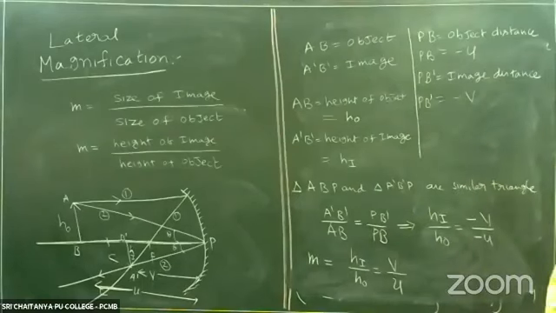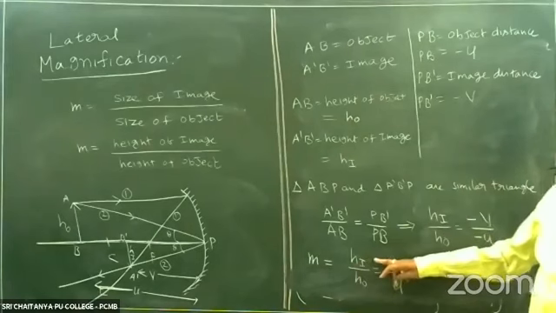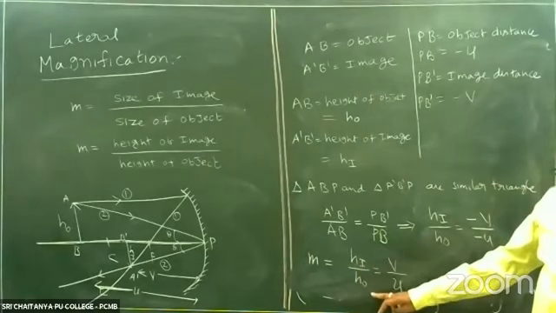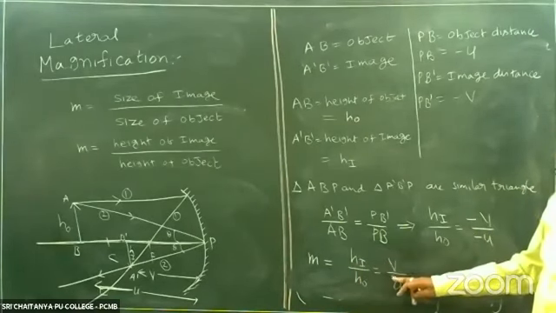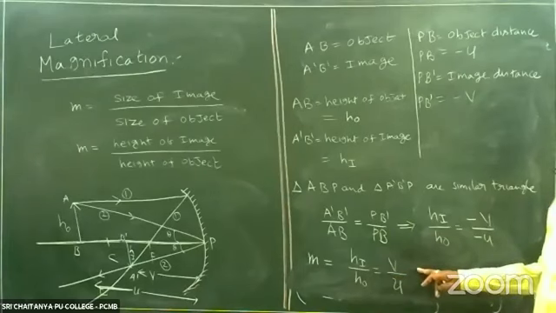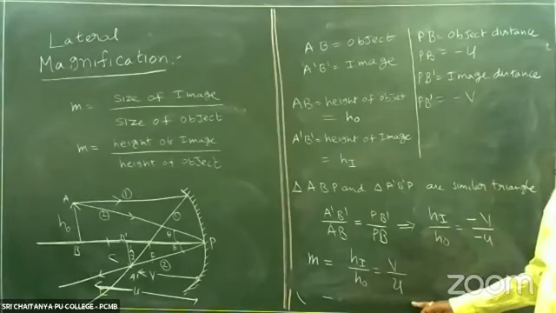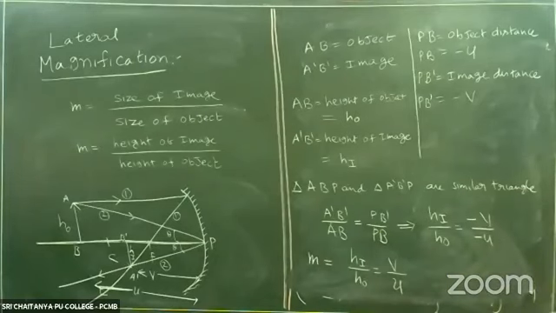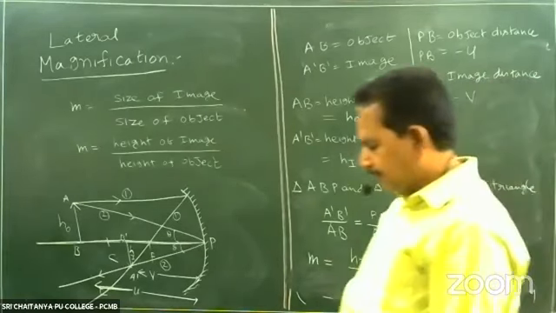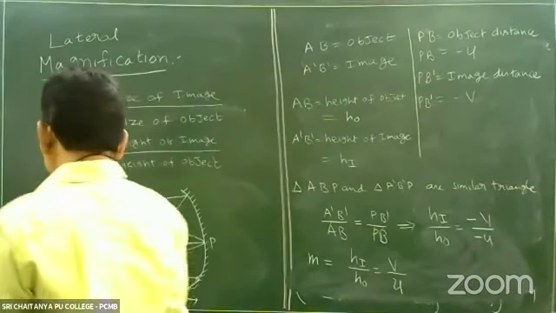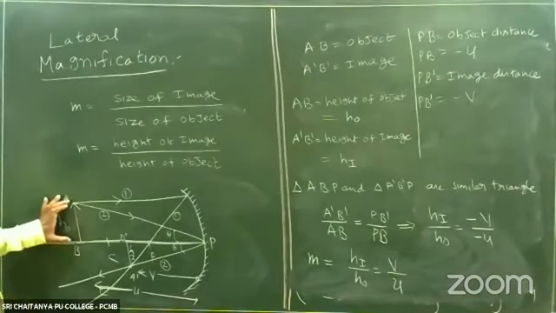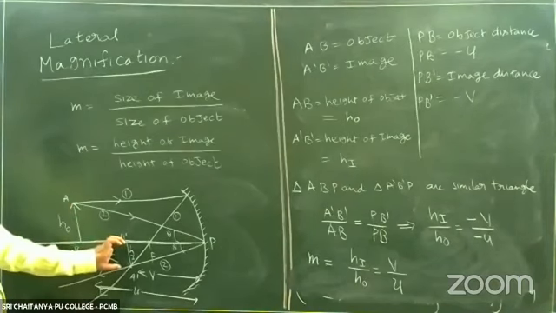Lateral magnification. M is equal to height of the image by height of the object is equal to distance of the image by distance of the object. Take the sign convention also. Height of the object is above the principal axis, height of the image is below the principal axis.